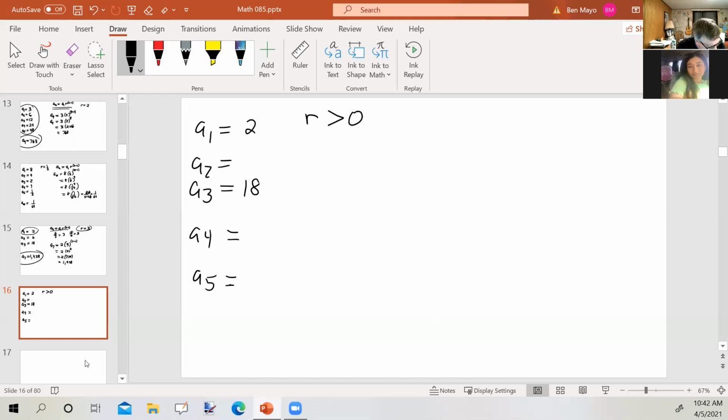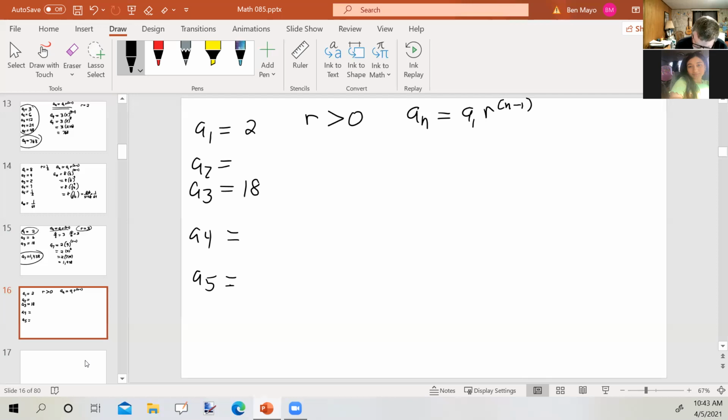Now, they told us that the common ratio is positive, which also means it's not negative. Let's see how that comes into play. All right, we're going to use the formula, a sub n equals a sub 1 times r to the n minus 1 power. We know a sub 1. We don't know r yet.